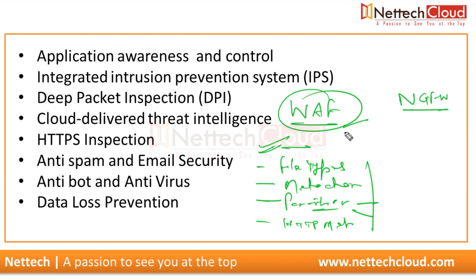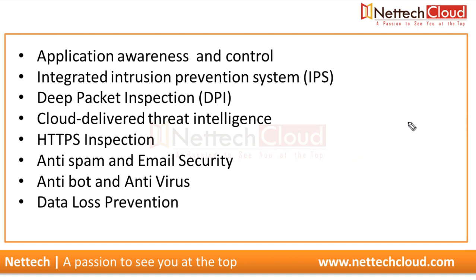So the web application firewall has a vulnerability protection mechanism, but not only that. In fact, with a web application firewall we can do more than what the next generation firewall can do.